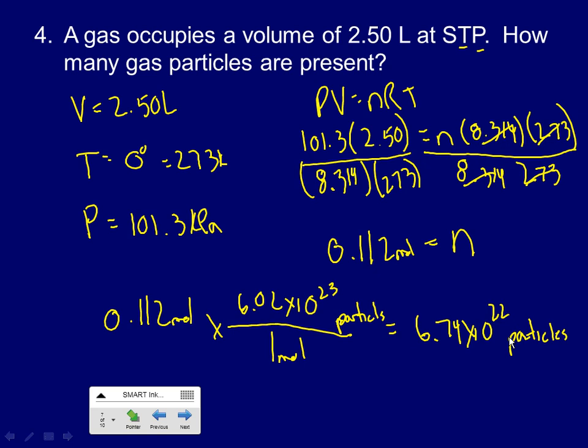For that one, it doesn't matter what the substance is, but we need to know what the concentration is. We need to know who made the solution so we could figure out the moles. For gases, it's like the anonymous version of moles. We can figure out the moles in a gas and have no idea what the gas is. That's what's kind of weird and neat about gases.